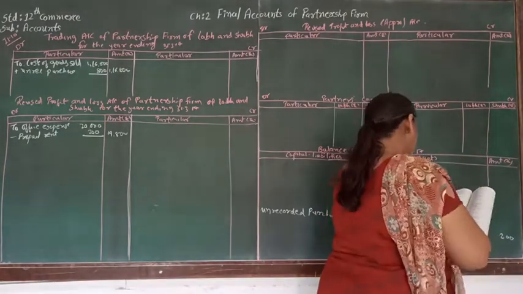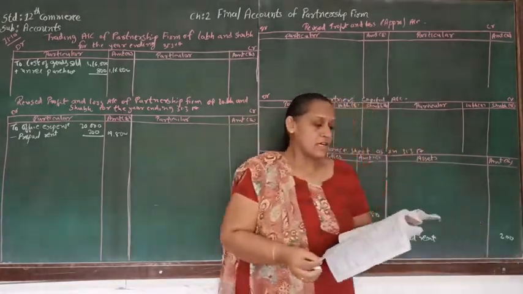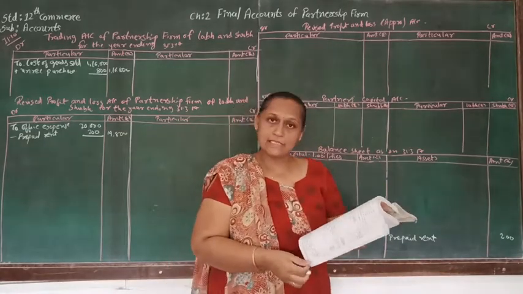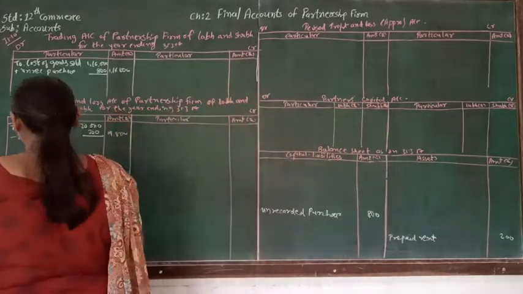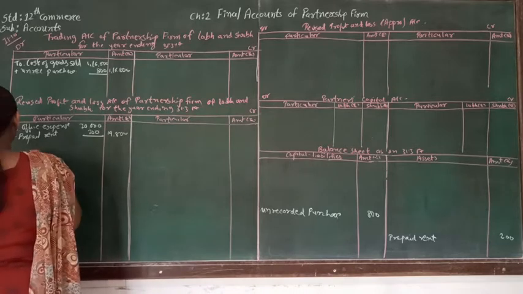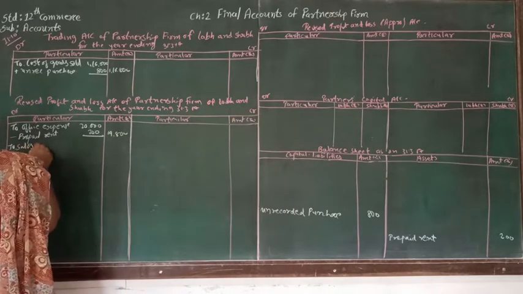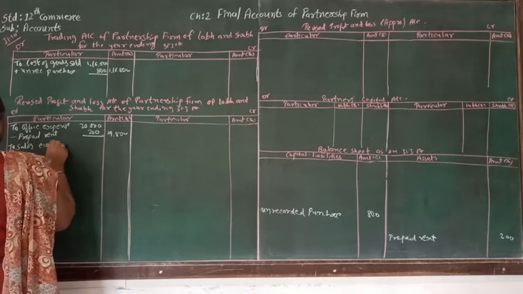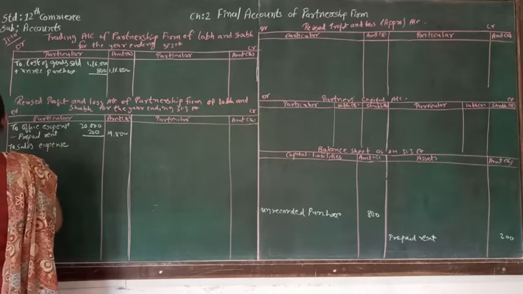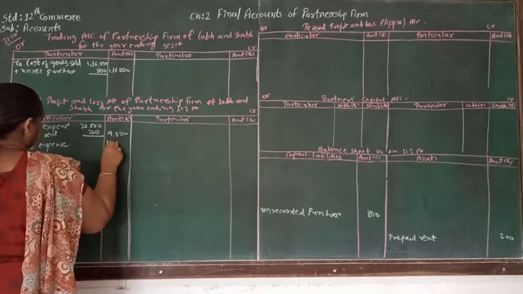Now let's see the next account, that is sales expense. Straight we are going to write in the profit and loss account to sales expense, and that is 16,000.